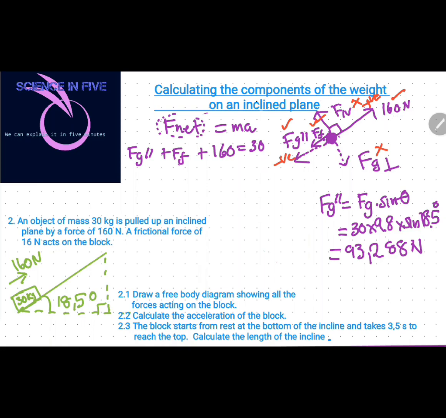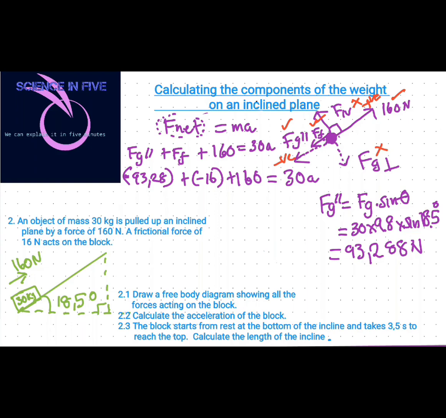So a negative 93,28 plus negative 30 friction plus 160 is equal to 30 times A. Okay, so now we need to do the math on the left hand side.